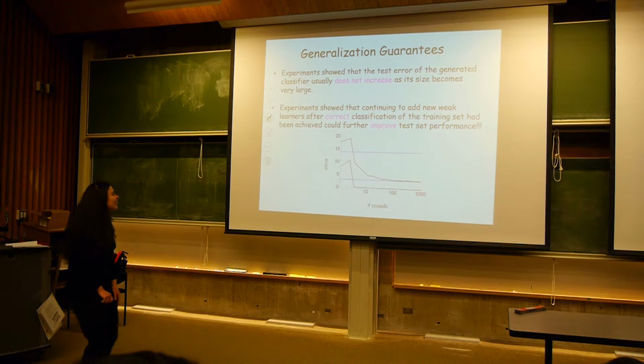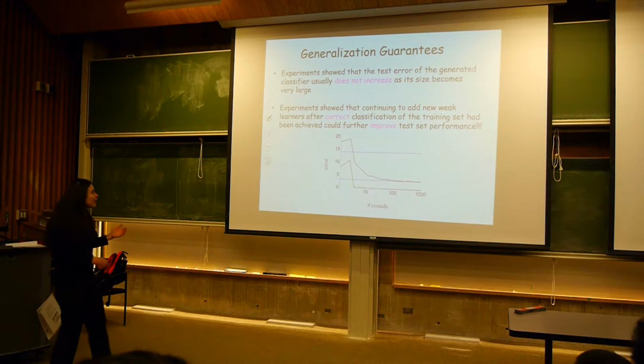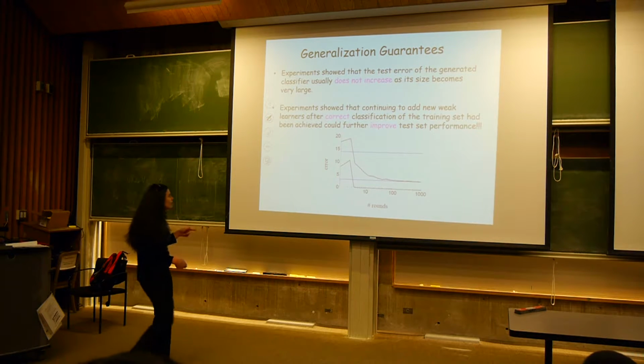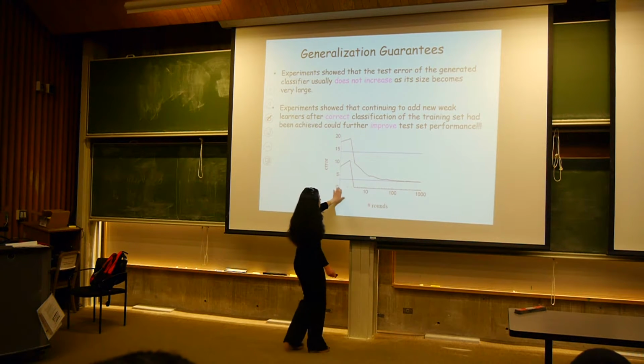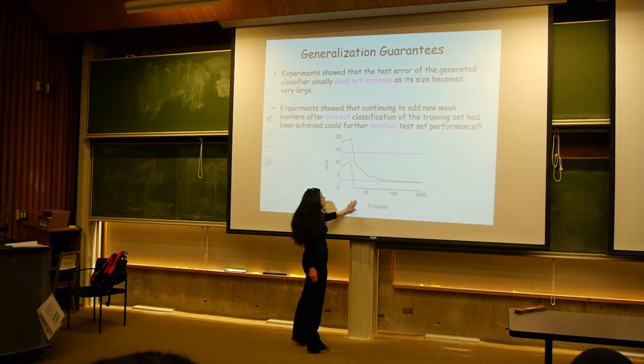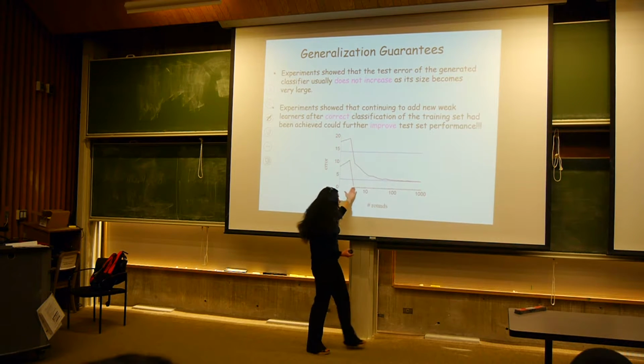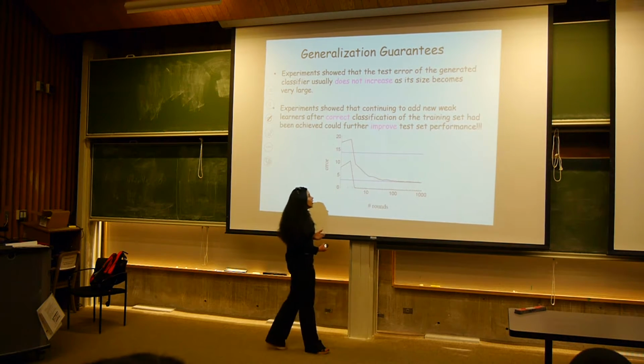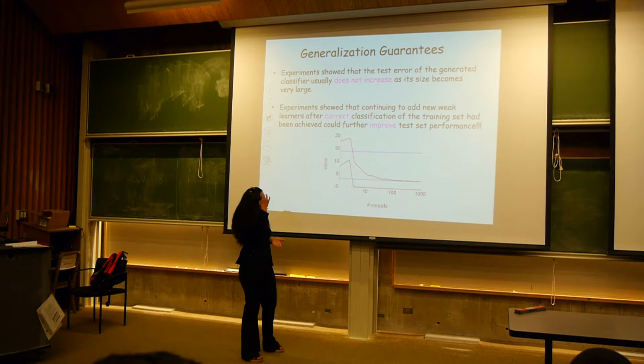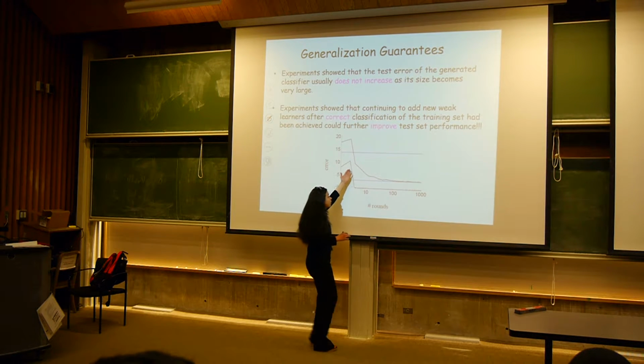For example, this is a picture from the letters data set. In this data set, after 5 rounds of boosting, the empirical error rate already reaches 0. Obviously, if we keep increasing the complexity, the empirical error rate cannot go below 0, but stays 0. But interestingly, the generalization error kept going down.